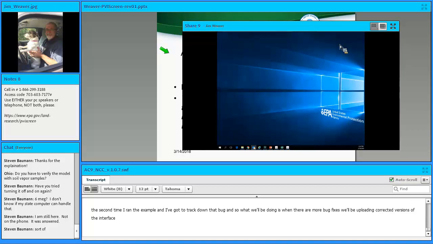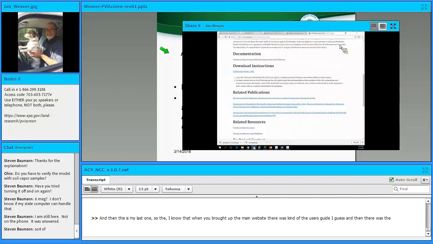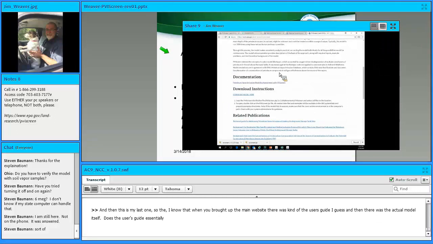And then this is my last one. So I know that when you brought us to the main website, there was the user's guide, I guess, and then there was the actual model itself. So does the user's guide essentially give the Geology 101 breakdown of the thing to the reader? Kind of the basic.